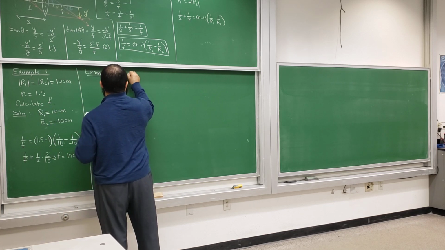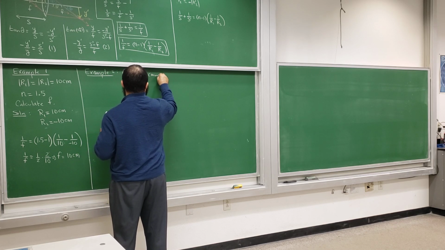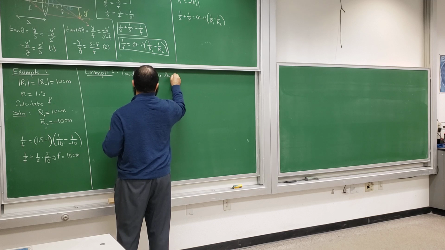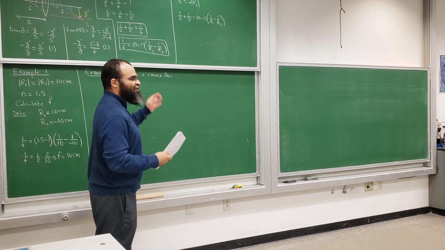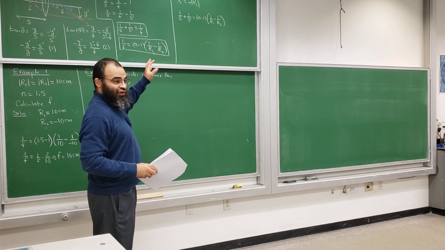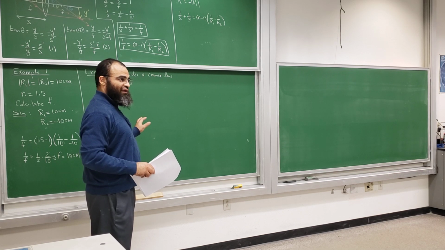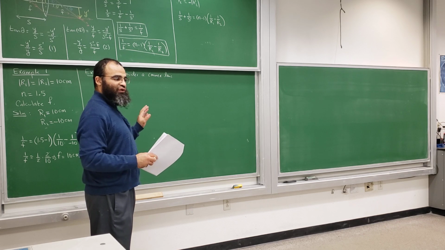Consider a convex lens. By the way, if you're using the lens maker's equation and you have a lens that's convex, the focal length should always be positive, right? So if you get a negative number, you know you have done some mistake.